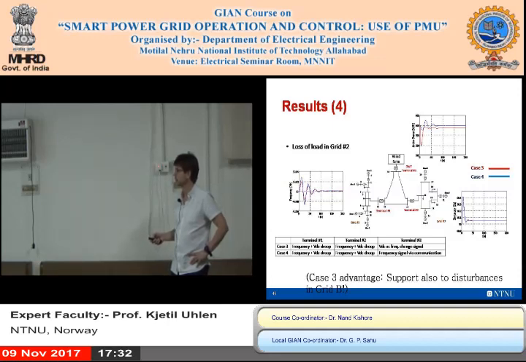Then you see that, okay, in the case where there is local control, so the voltage is used as the signal, you get a response, of course, because now it doesn't matter if the fault is here or here.